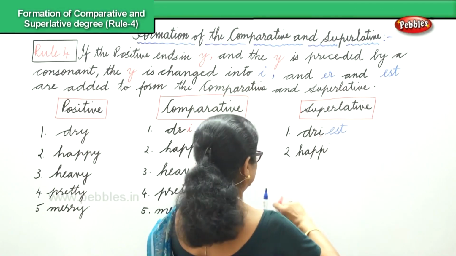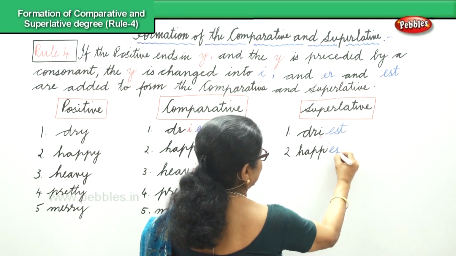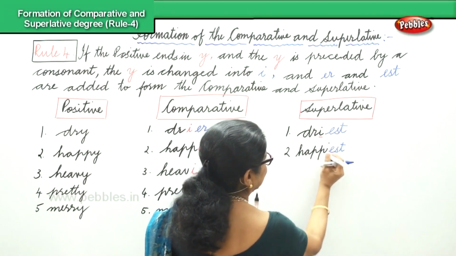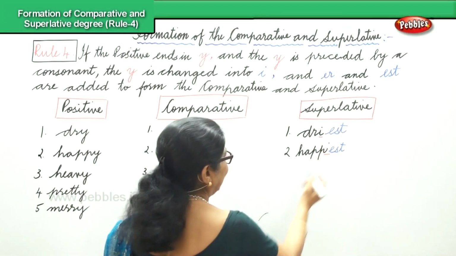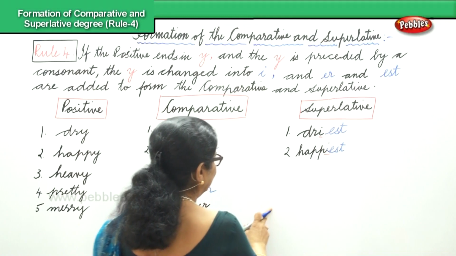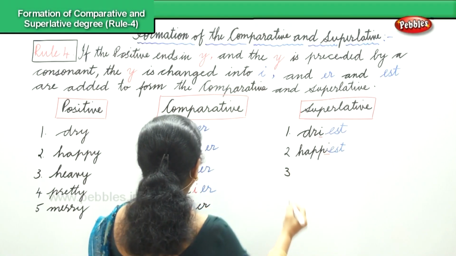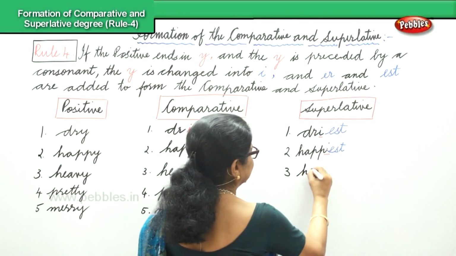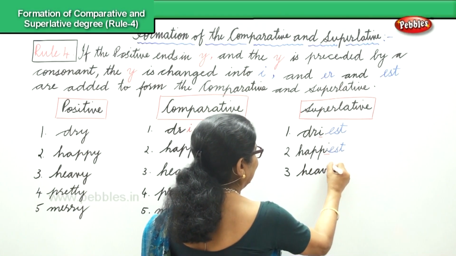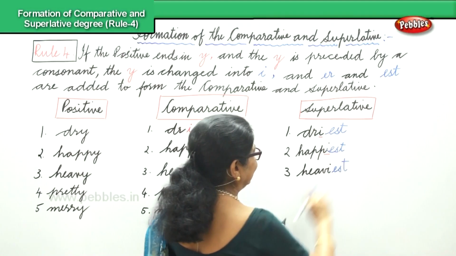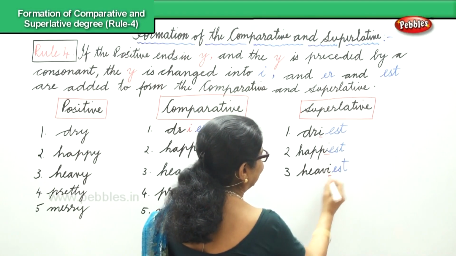Happiest. We have already added the I here. Okay? So, happiest. Next, we have the third one, heavier. I is added and then you add EST. Heaviest. So, I is already there.